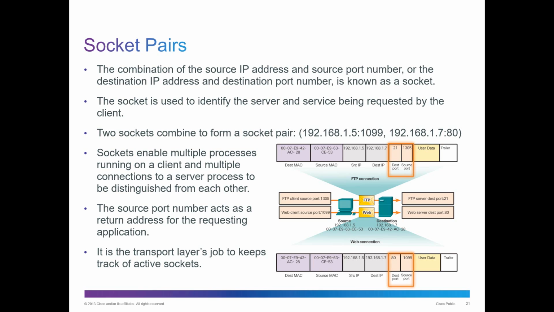So we can see in the example here, this IP address and port number lines up with the segment that we have here, actually the frame that we have down here. Okay, so we take this source IP, source port, that's how we get this number, destination IP, destination port, that's how we get that number, and that number is considered a socket.